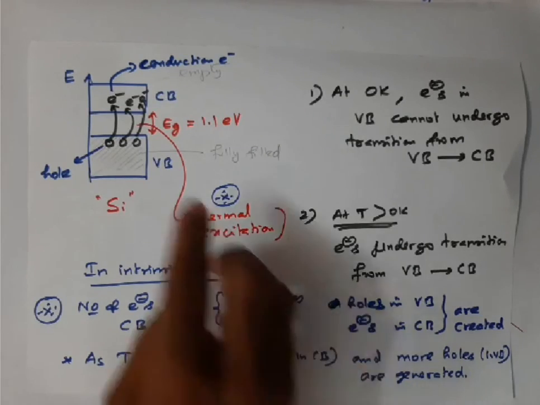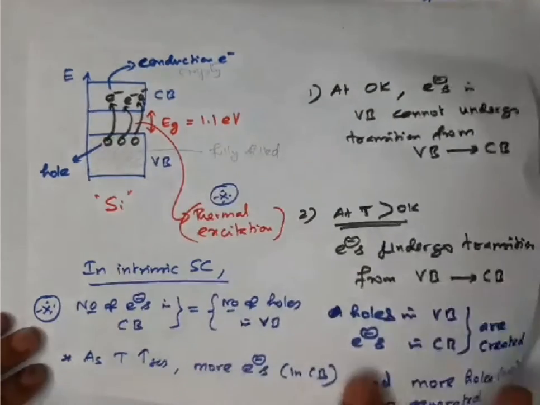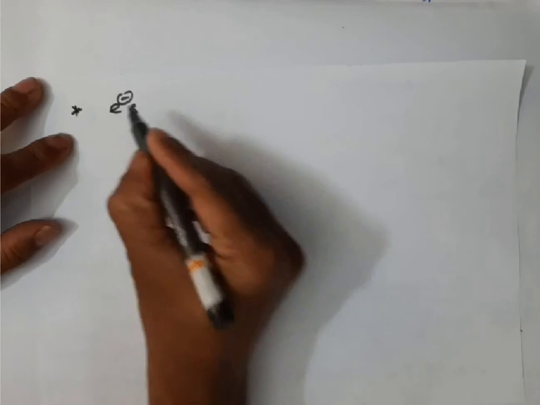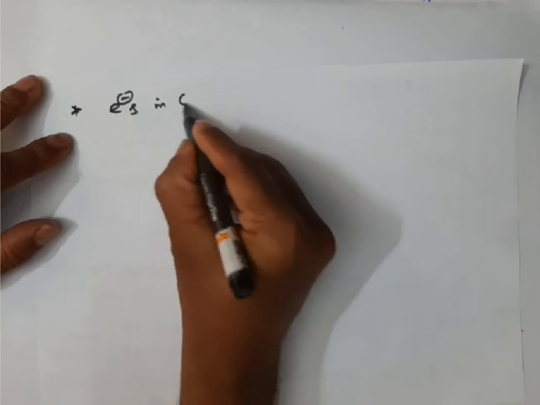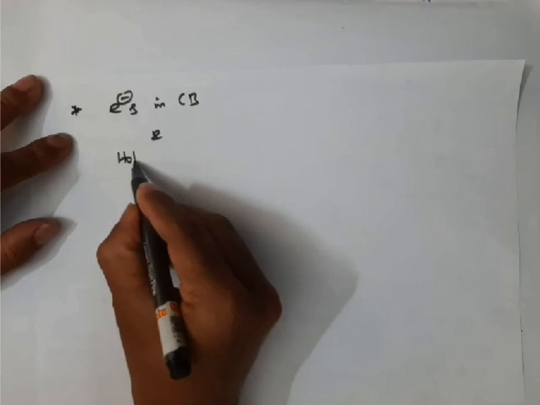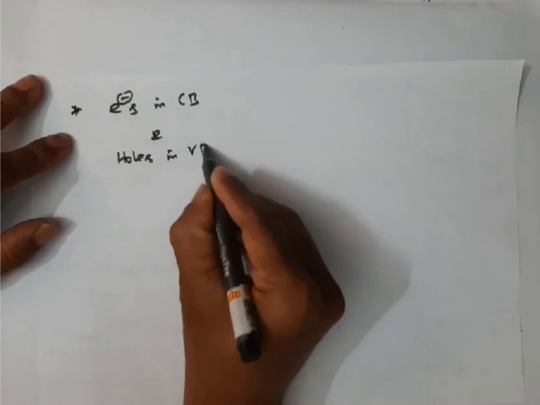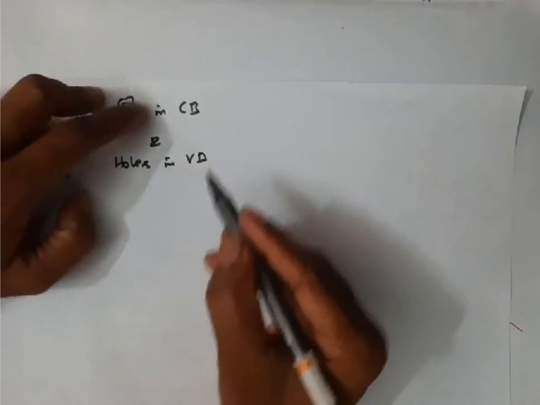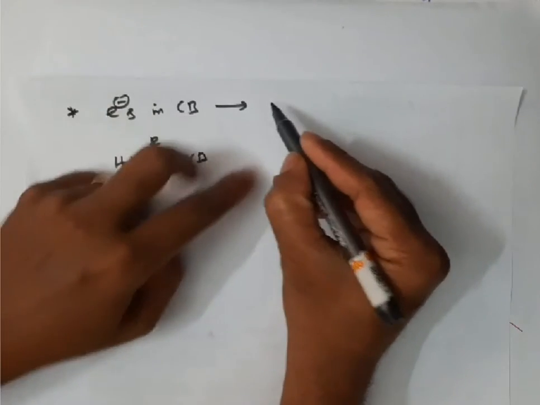Okay, students, this is another important point. Keep this in mind. Electrons in conduction band and holes in valence band. If electrons are present in conduction band, they conduct current.